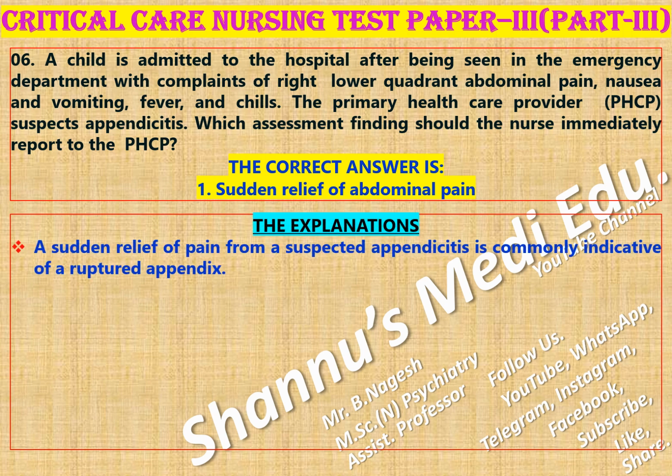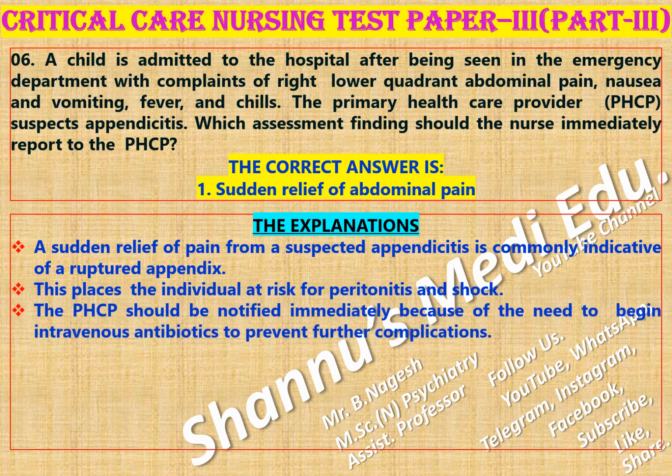The explanation of this question: a sudden relief of the pain from suspected appendicitis is commonly indicative of a rupture of the appendix. This places the individual at risk for peritonitis and shock.